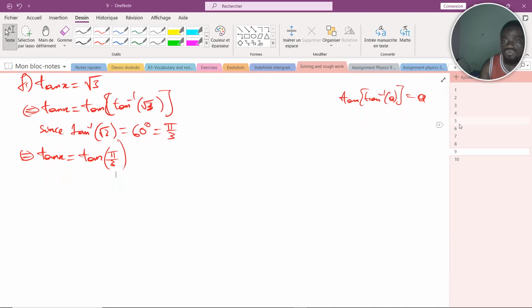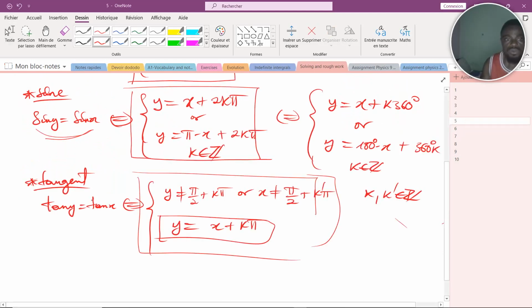Let's go back to the general solutions. We saw when we're giving general solutions of tan that tan y equals tan x if and only if the first condition is that this has a solution. For this to have a solution, we first need to put conditions on y and x.